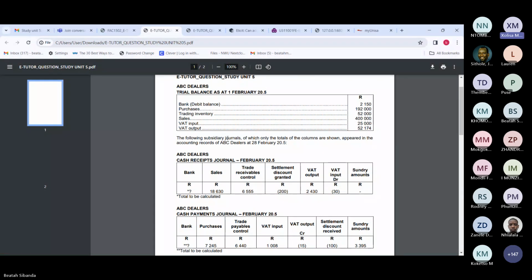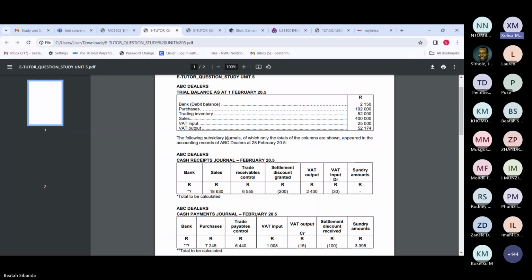You can say that what you've sold for is technically the 16 and the 2430, right? So the amount that goes into your sales in your general ledger is the amounts excluding VAT. Are you following?